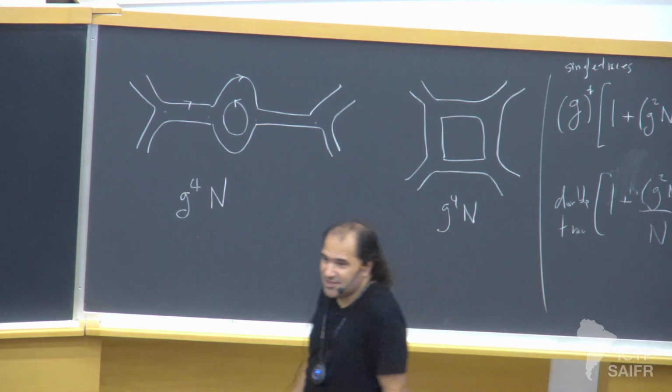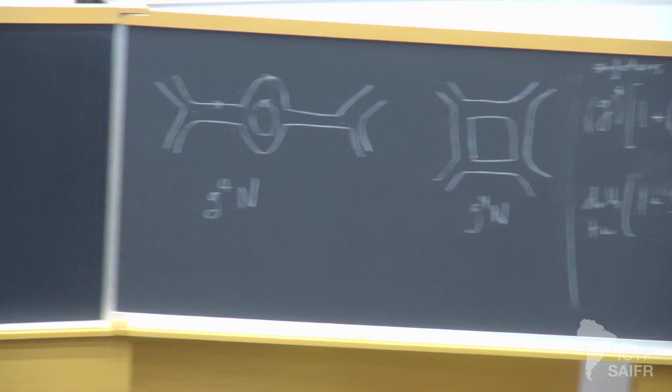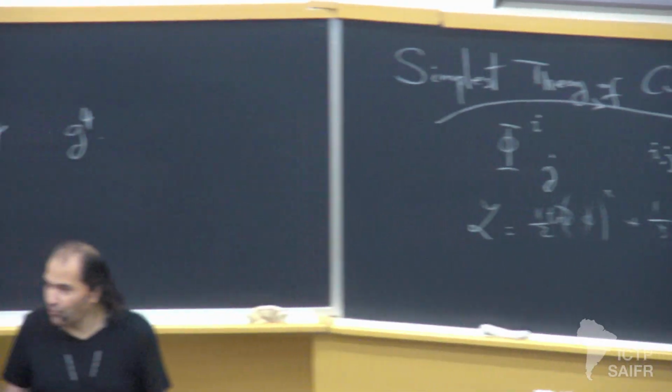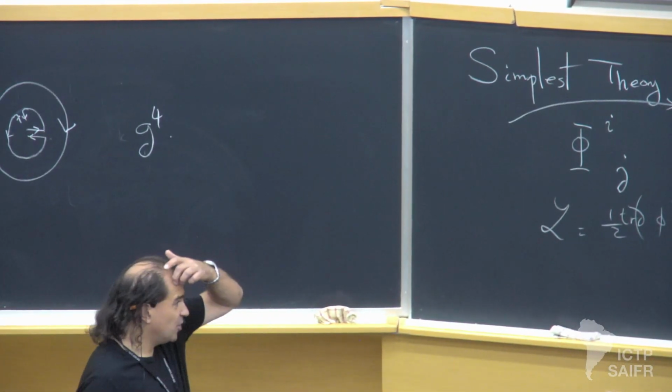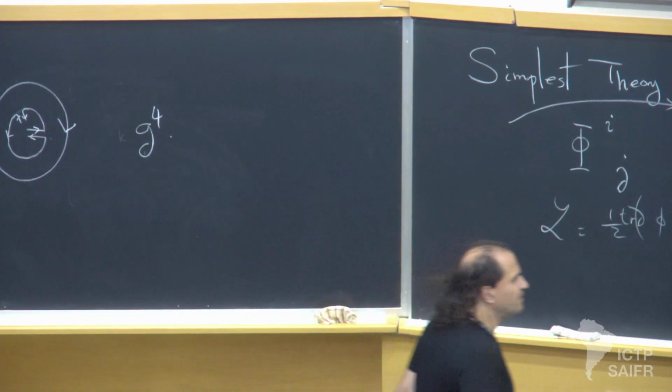I want to stress this has nothing per se to do with expanding in 1 over n. This is just an organization of all the tensor structures we can have in different kinds of diagrams. But it's also true that they have different n counting for this simple reason.